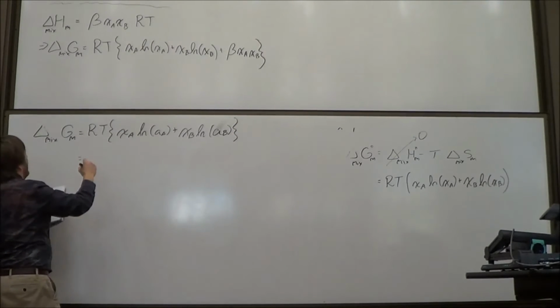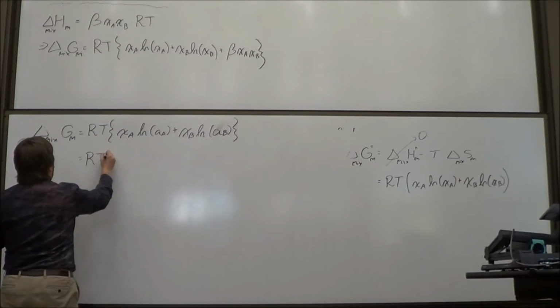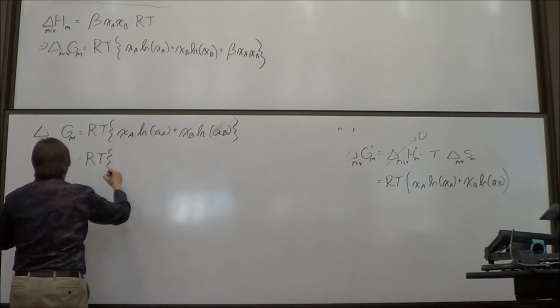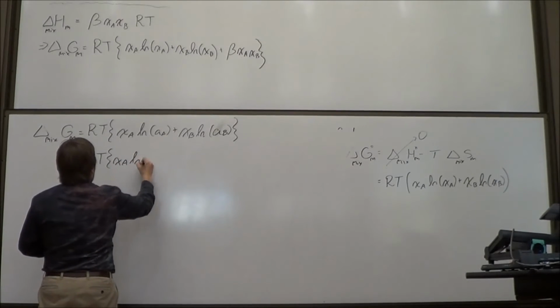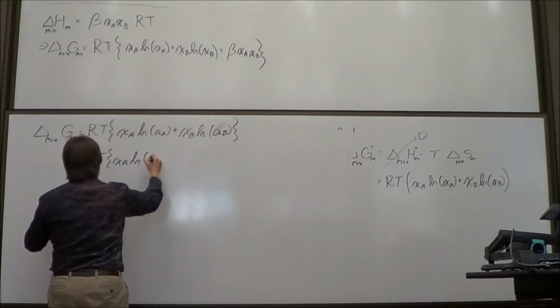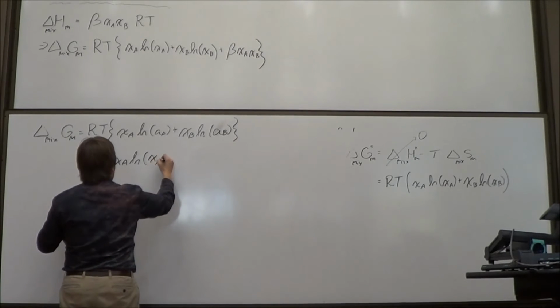I can insert the, again, I shouldn't say this on the camera, but I can insert this BSE form of this definition of activity in terms of mole fraction. So I'm going to write the mole fraction here.